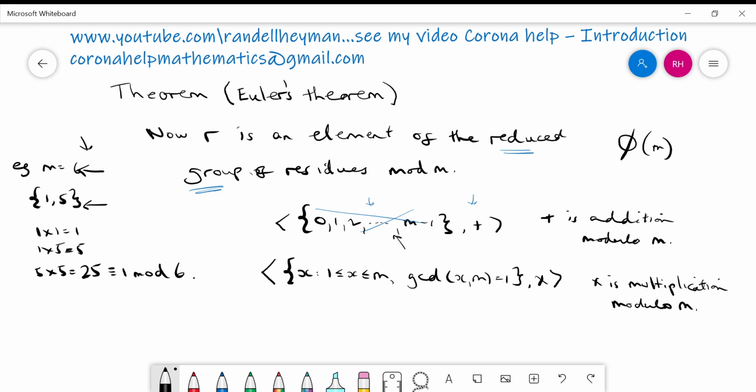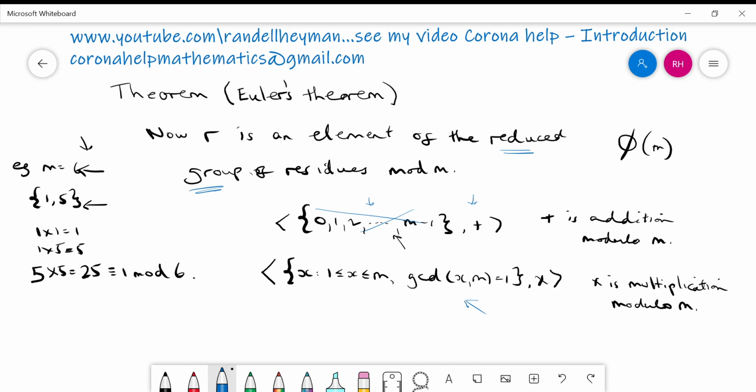So what we're saying is 5 times 5 is 1, and 1 is actually in the group, so we've got closure. And in fact, what this is saying is that the inverse of 5 is actually 5 itself. If you multiply 5 by itself, you get 1, so the inverse of 5 is 5. So all of these elements in this set that I'm creating here, they're all invertible. They've all got an inverse.